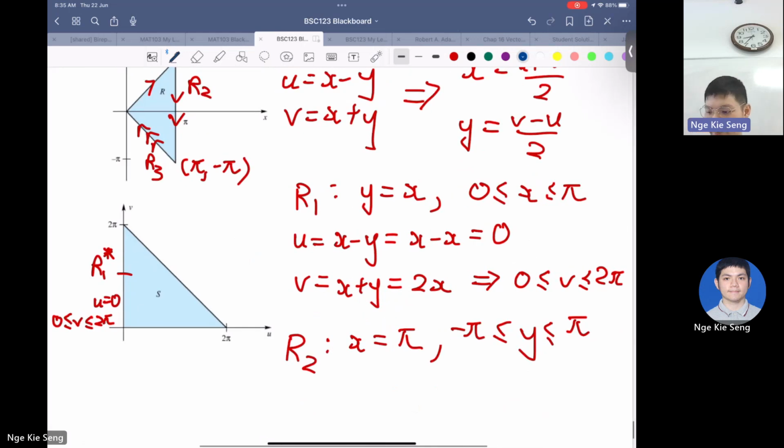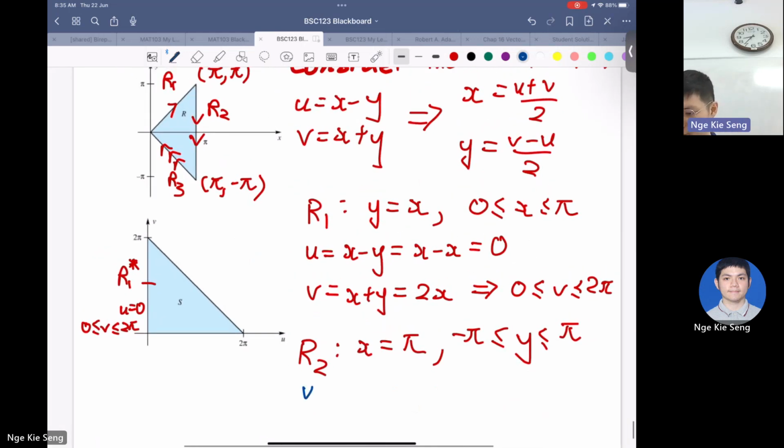X equals pi. Okay, what happened to our u and v? So u equals what? Pi minus y.